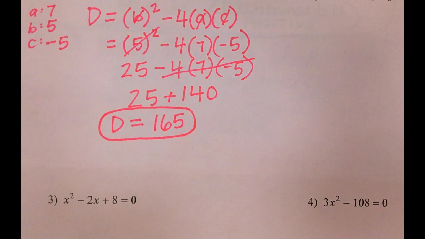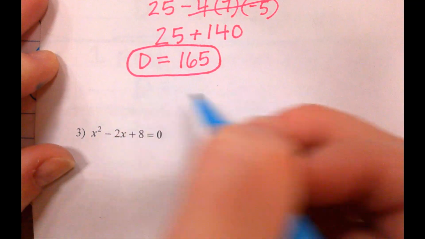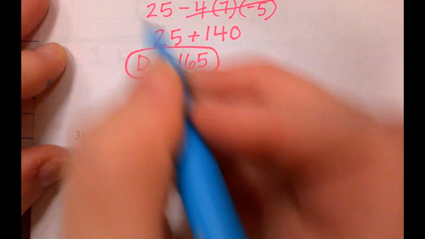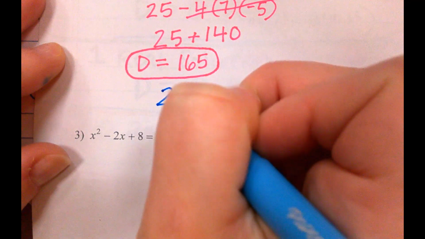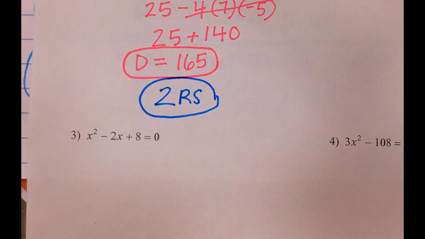So if the discriminant is 165, is that greater than 0, equal to 0, or less than 0? Greater than 0. So how many real solutions are there? 2. Because real solutions is a long thing to write out, you can just write 2RS, 2 real solutions.